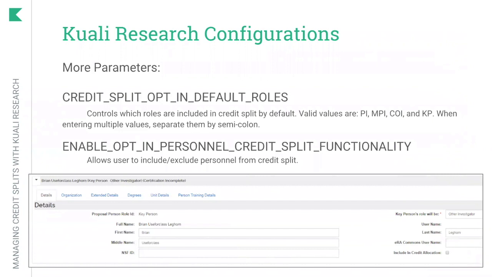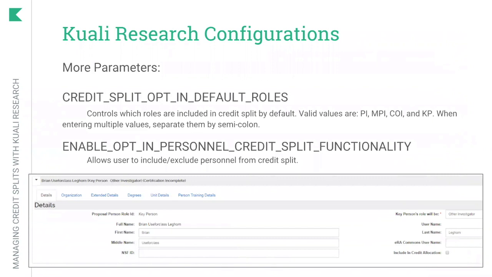And so we have at College Park selected all but key person, because that's what we determined would make sense for our business processes. And then there are certain occasions that we want an individual added to the personnel in proposal development, but we don't want them added to the credit split.